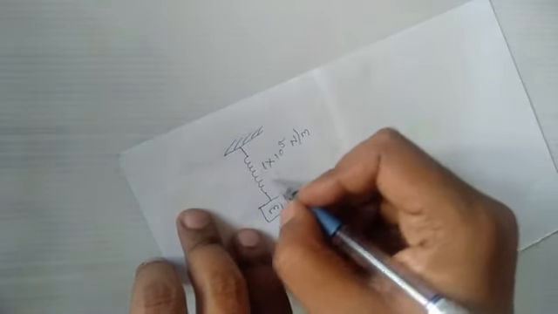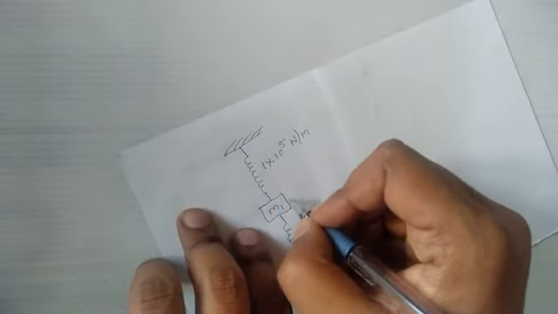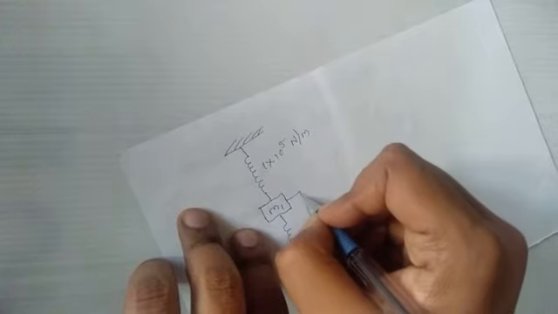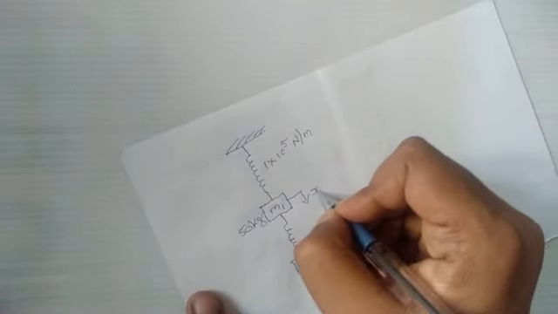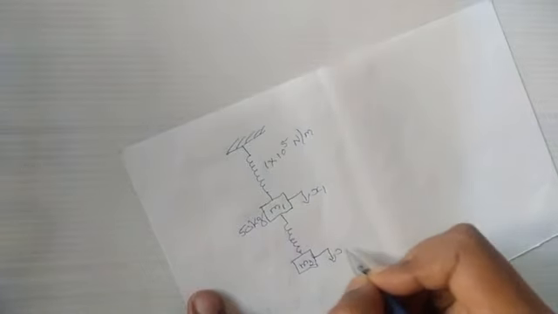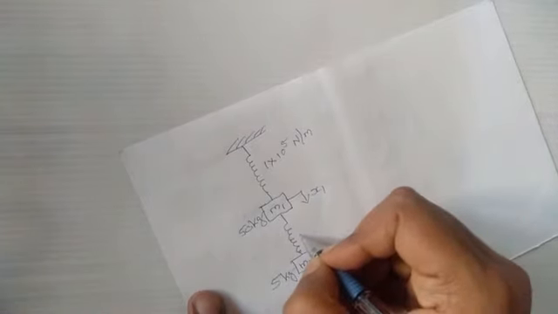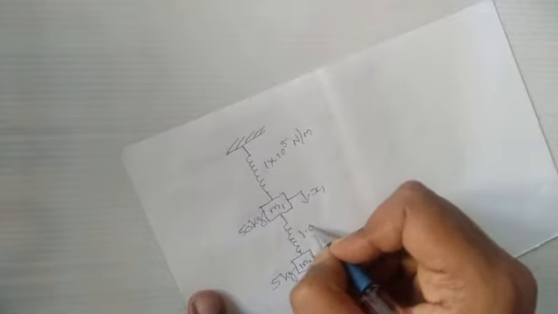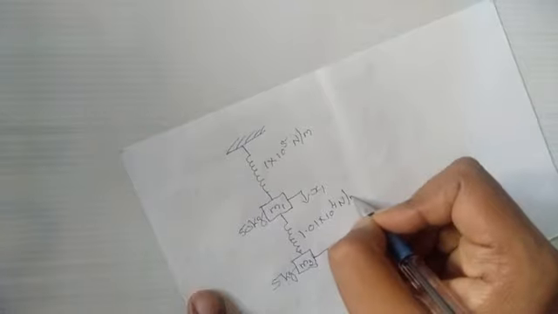They are in parallel, so I have added these two. M1 is 50 kg, and this is X1, and this is X2, and this is 5 kg. The stiffness of the absorber spring is 1.01 into 10 to the power 4 Newton per meter.